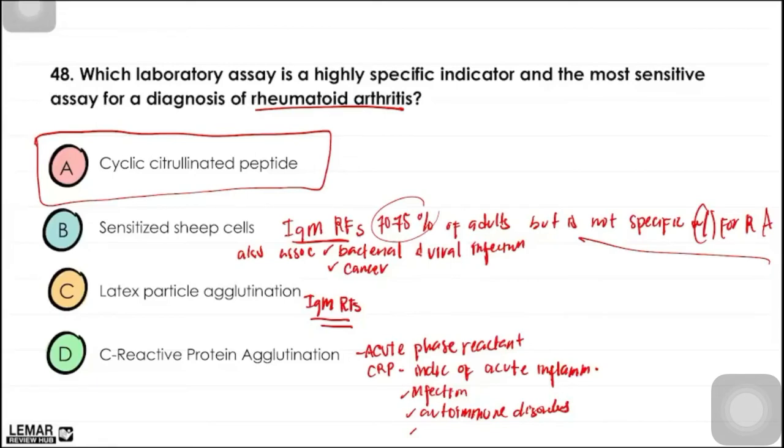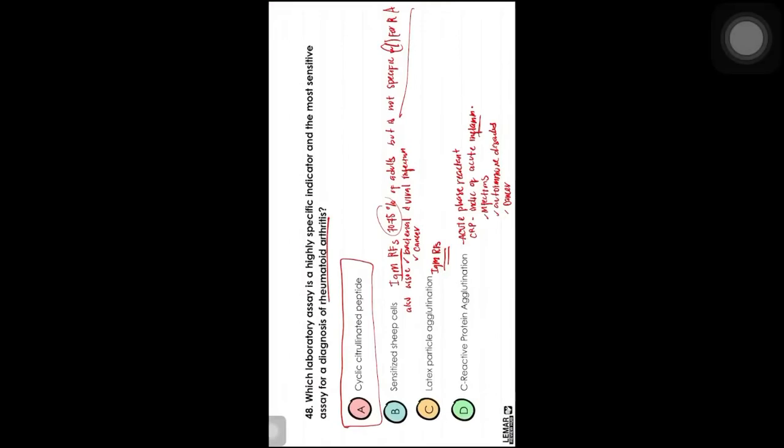Again, the clinical applications of CRP are the evaluation of inflammation, particularly infections, and also autoimmune diseases and malignancies or cancers, and monitoring of therapy in inflammatory diseases. For number 48, the answer is cyclic citrullinated peptide.